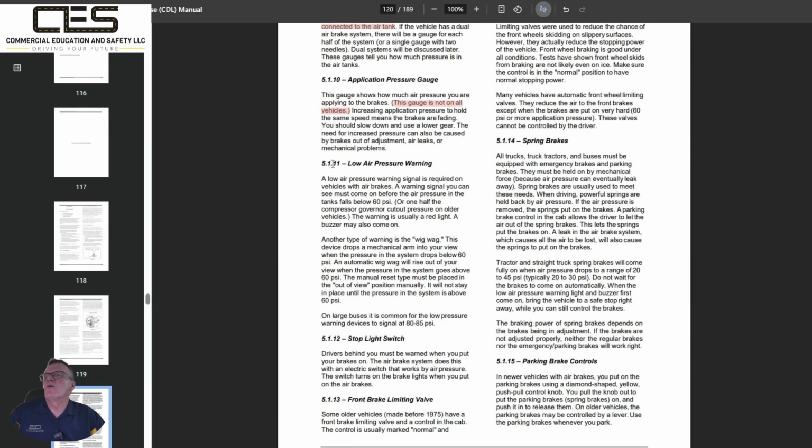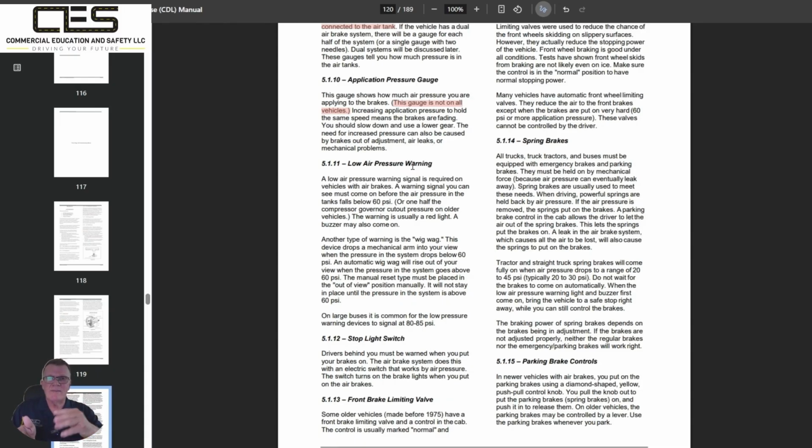Moving into 5.1.11, low air pressure warning. If I'm driving down the road, I'm scanning my gauges periodically. I'm watching my mirrors every 12 to 15 seconds. I'm looking 12 to 15 seconds down the road. Let's say I run over something and it hits my air line and I start losing air pressure. I need a warning that I'm losing my air pressure, because if I don't have a warning, I lose all of my air pressure, and my emergency brakes come on by themselves, the tractor protection valves, they come on by themselves.